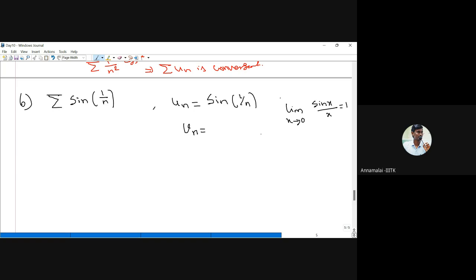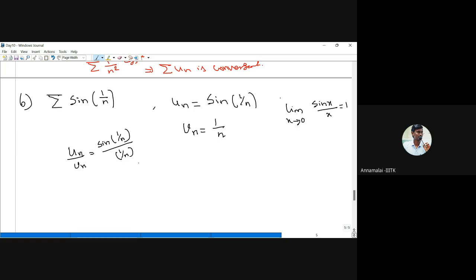So now guess what is Vn. In the question, I am going to get some non-zero limit. Sine 1 by n by 1 by n, can we take that? No, that is the quotient of these two. Then what is Vn? Just take 1 by n. Now look at un by Vn. This is nothing but sine of 1 by n by 1 by n.